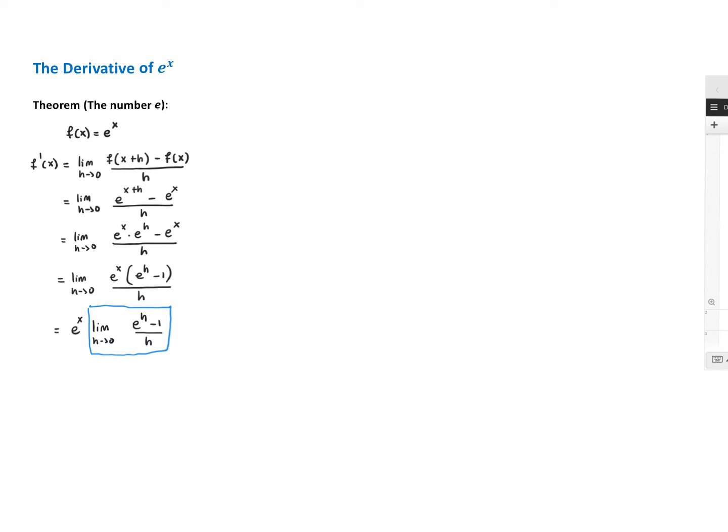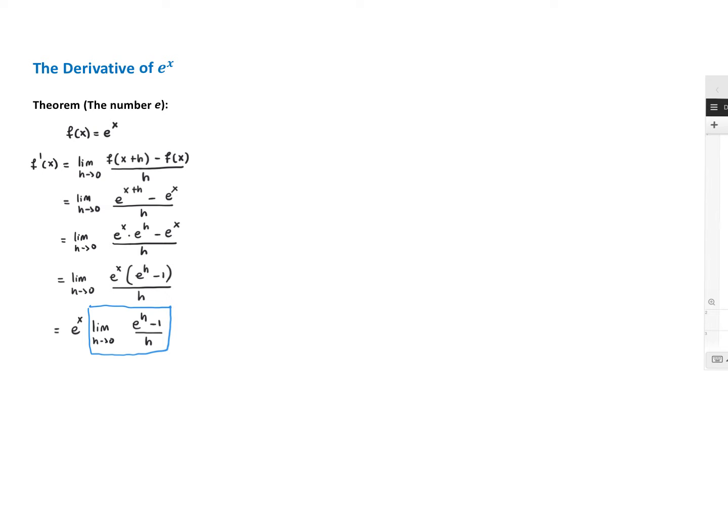If I can figure that out, then I know how to proceed. Now, we are not going to try to do this in any algebraic way because this would be really tedious. So what I'm going to do is try to convince you that this limit exists by looking at a table of values and looking at the graph of this expression.